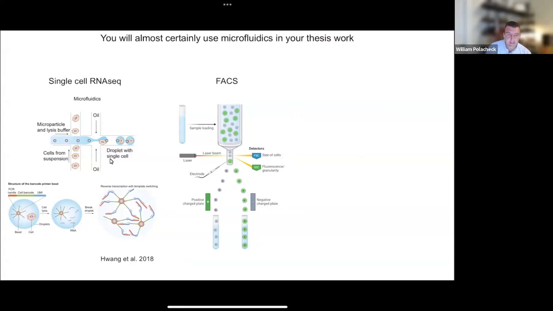One is single-cell RNA-seq, which uses droplets. The specific approach varies from commercial system to commercial system, but basically you form droplets with some kind of barcode in them along with your cell, and then you can do sequencing out of them. The key enabling technology for single-cell RNA-seq was the microfluidic device. The other is fluorescence activated cell sorting, something that's used to separate cells based on fluorescence signal.